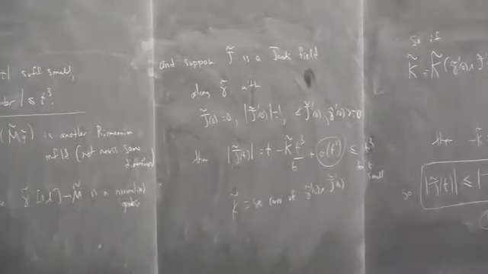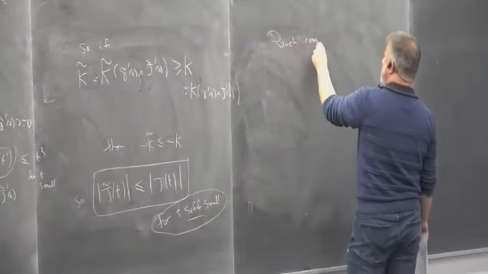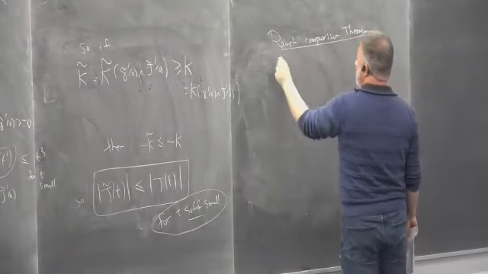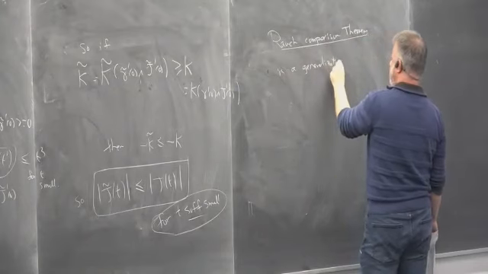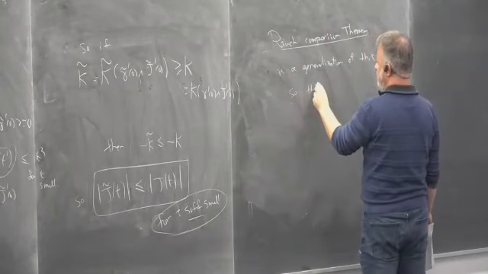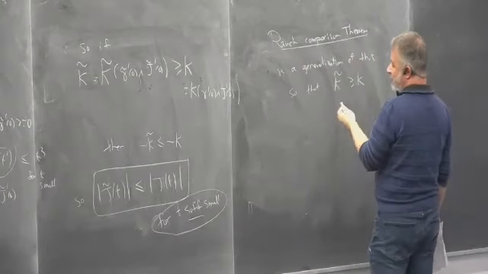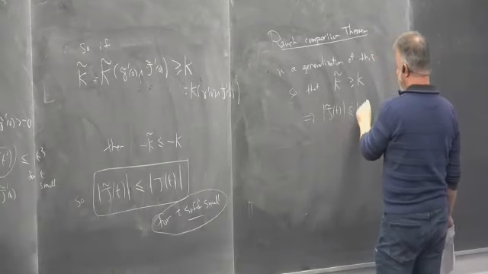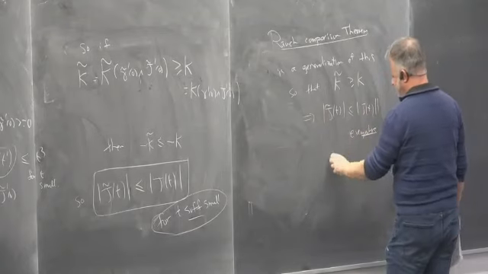So the whole point of the Rauch comparison theorem is to take this away. We want this to hold for all t. So the Rauch comparison theorem is a generalization of this argument so that K tilde greater than or equal to K everywhere implies J tilde of t less than or equal to J of t everywhere, not just small t.